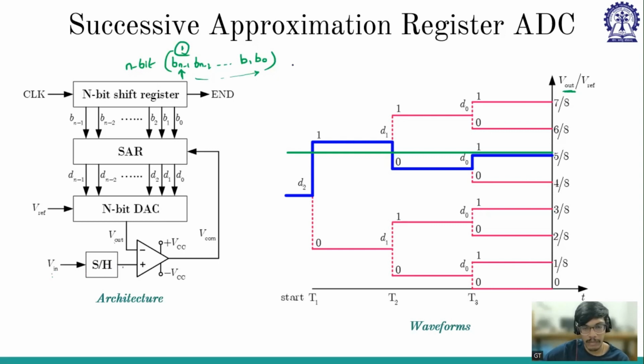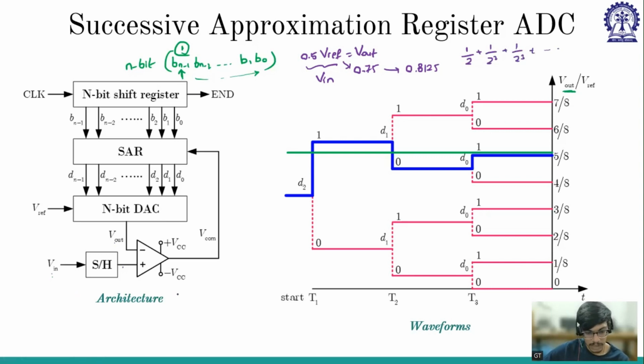V in is fixed. V out will be increasing in binary fashion. They'll start with 0.5 V reference equals V out and compare this with V in. If my V in is more than this, then they'll compare with 0.75. If it is more than this, then they'll compare with 0.8125 or something. So they're incrementing in terms of half plus 1 by 2 square plus 1 by 2 cube and so on.